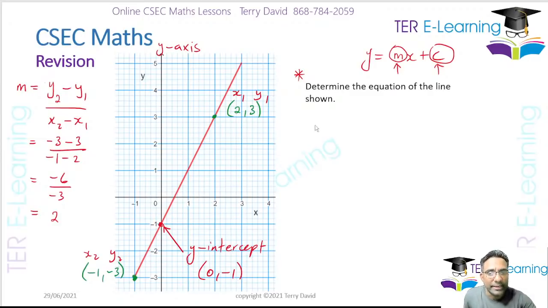So the equation of the line that they want here is y is equal to mx plus c. m is 2, so my gradient is 2, x, and my y-intercept is -1. So it's y = 2x minus 1. That's how we find the equation of a line if they drew it first.